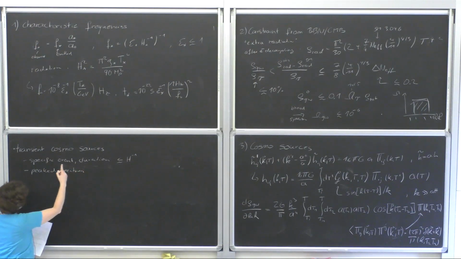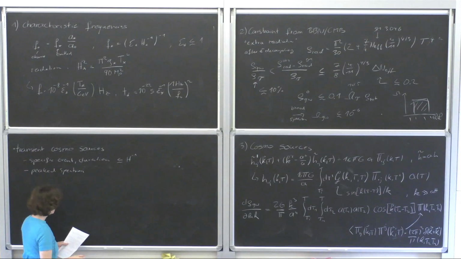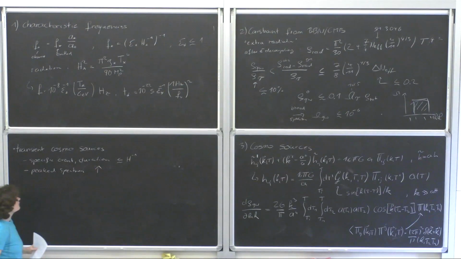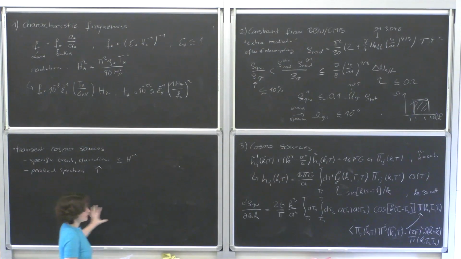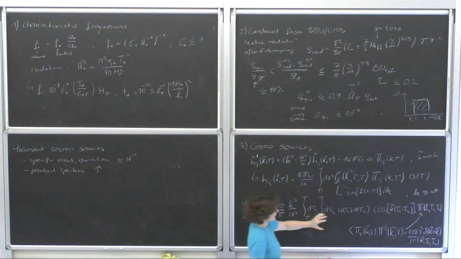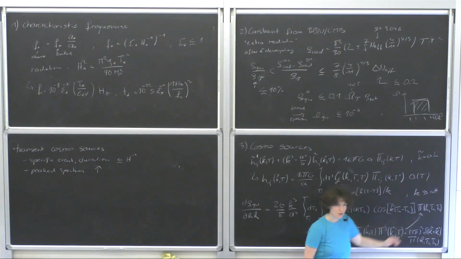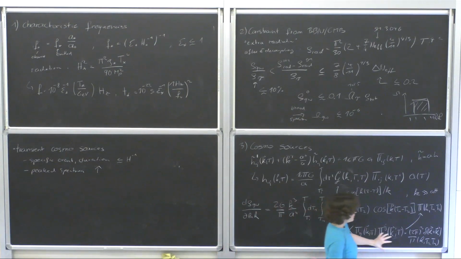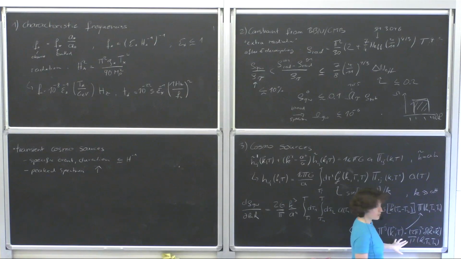And this relates to the discussion we had up here, right? Let me just put an arrow, where we can just estimate the frequency by the typical scale of the source. So basically, here we have a delta function in time, which is the point in time where the source is active. At that point in time, we can look at the energy momentum tensor, right?